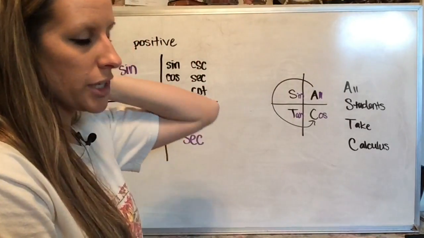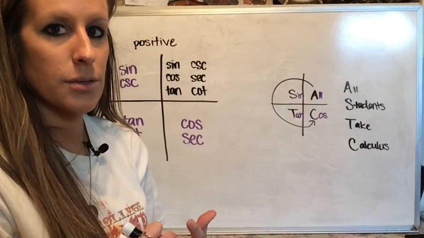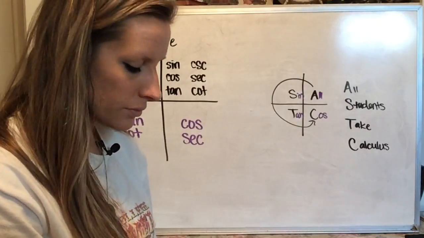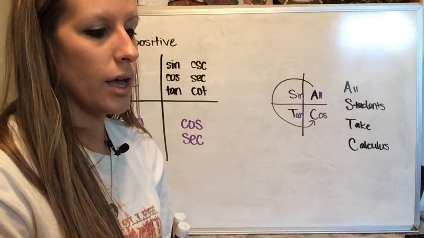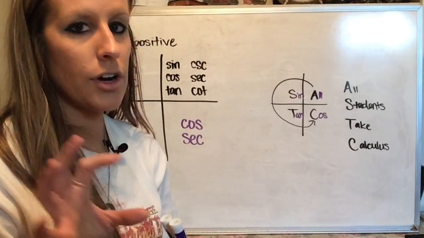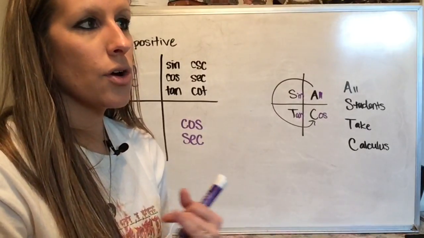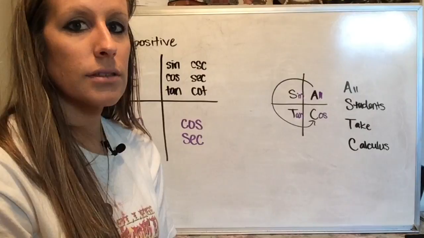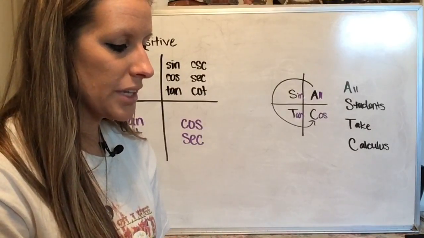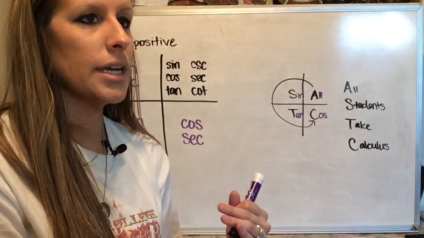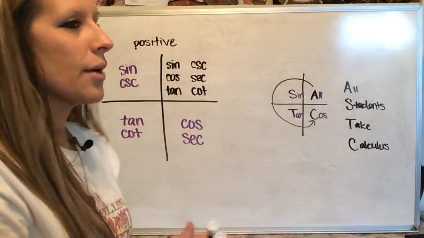And on the worksheet today, it's going to be kind of a review for your test tomorrow, for your quiz. On your quiz tomorrow, you're going to have to convert from radians to degrees, degrees to radians. You're going to have to know coterminal angles and how to find them. You're going to have to know if I give you an angle in degrees or radians, what quadrant that would be in.